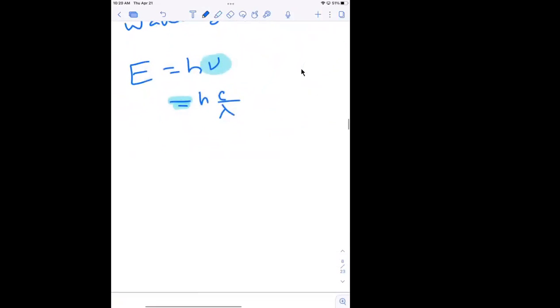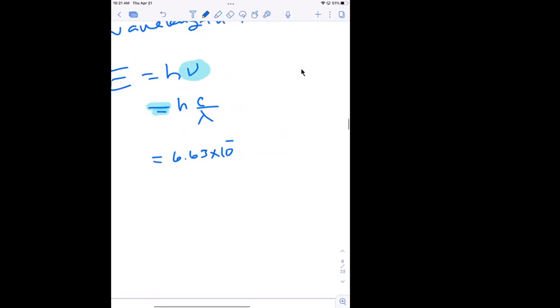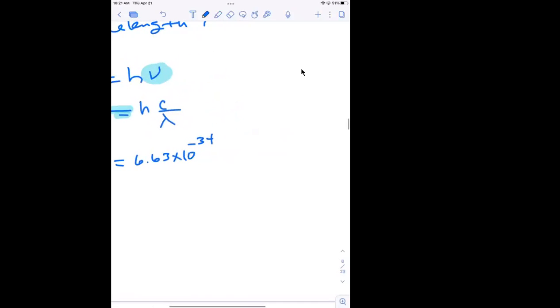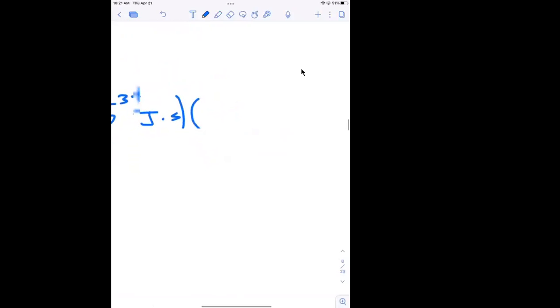And we know h, 6.63 times 10 to the minus 34 joule seconds. We're going to put that number in, and then we'll put in c, 3.0 times 10 to the 8 meters per second.